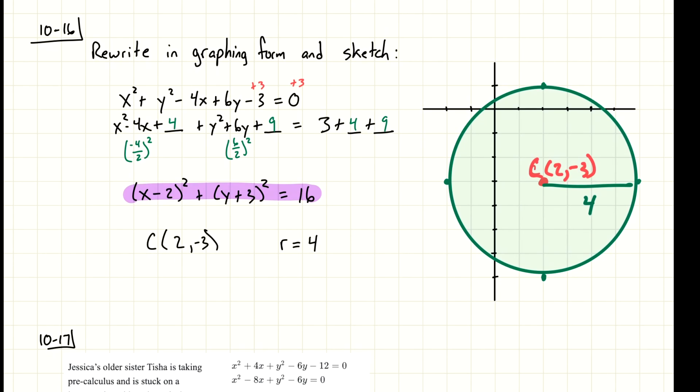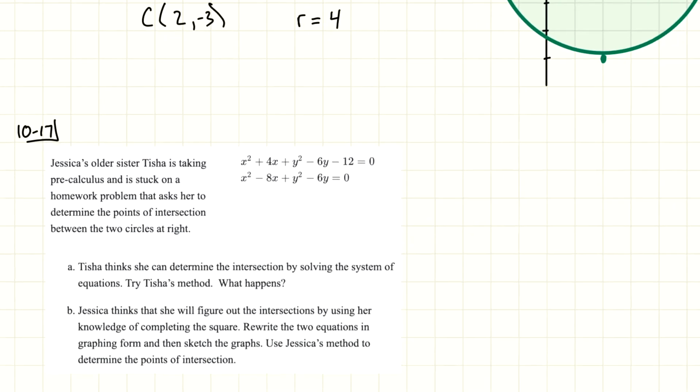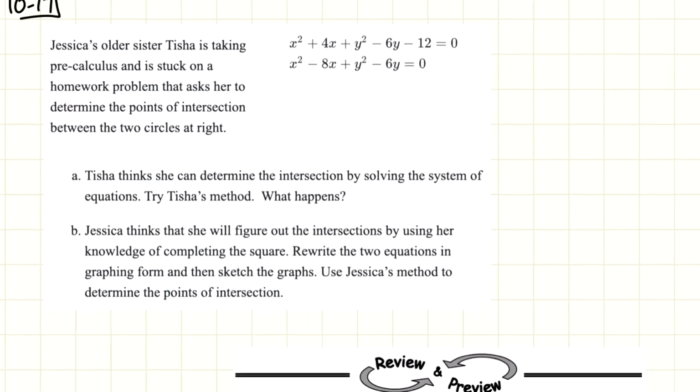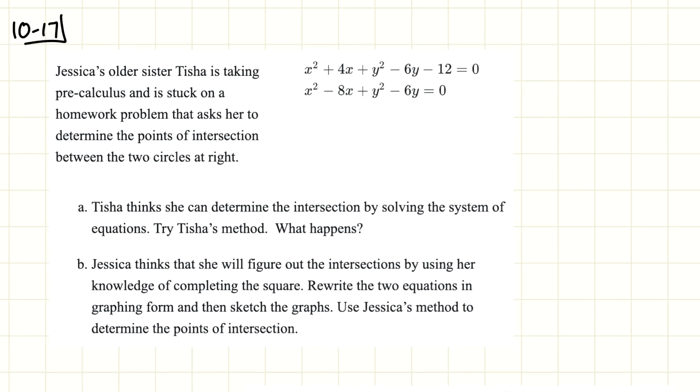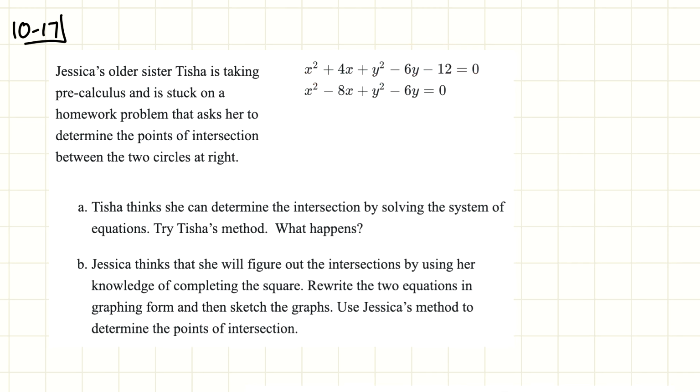And that's something you'll take with you in the higher level math classes. All right, so the last question, I won't work this out with you, but I will show it to you in case you want to try this. If you have questions, you could send them to me. But for the most part, we have 2 circles, and what you would need to do is see where these circles intersect.